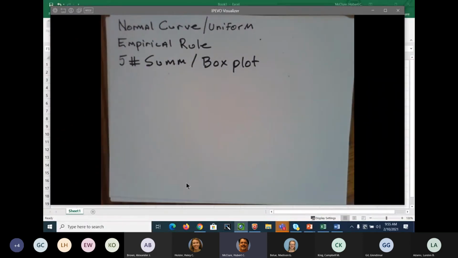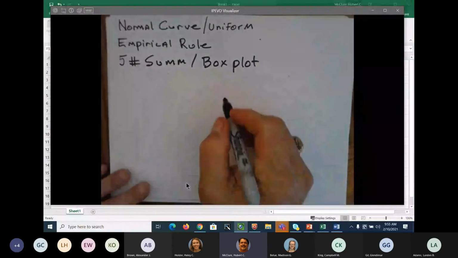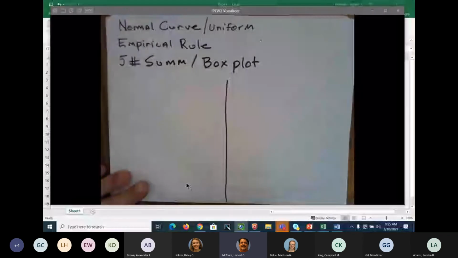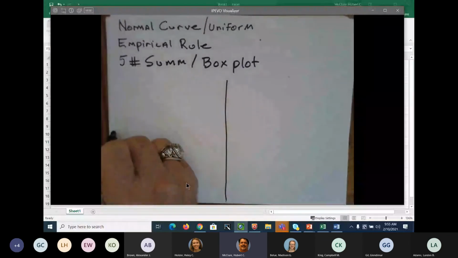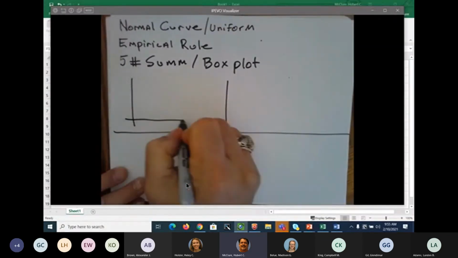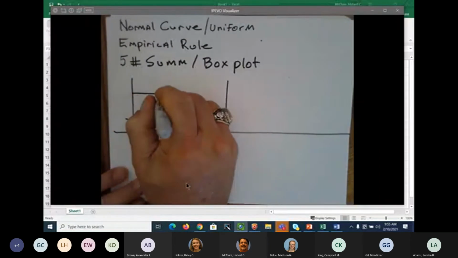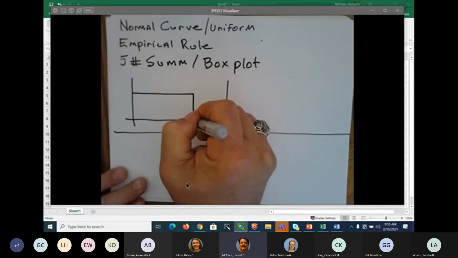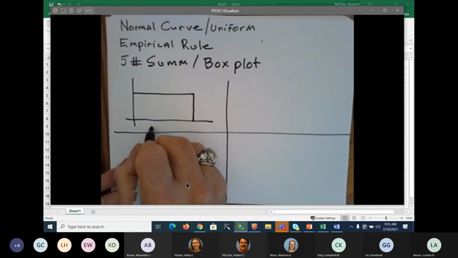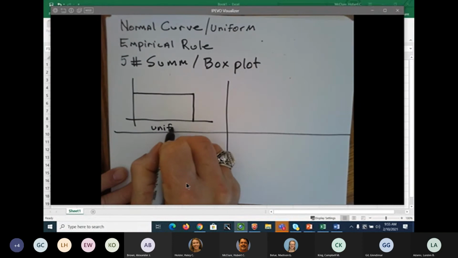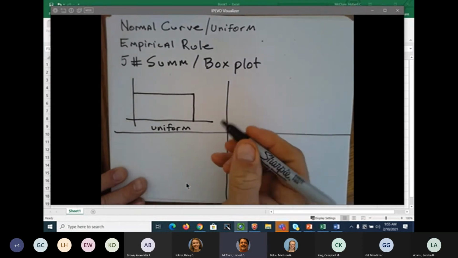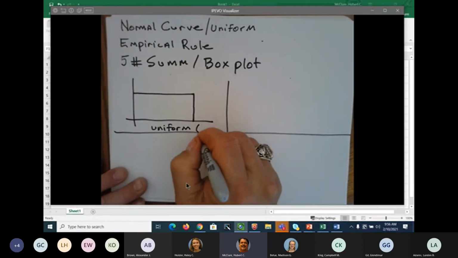There are 4 types of distributions. 4 types. And this is a test question, so make sure you know it. There is uniform distribution. That looks like a rectangle. Uniform distribution usually is dealing with time.